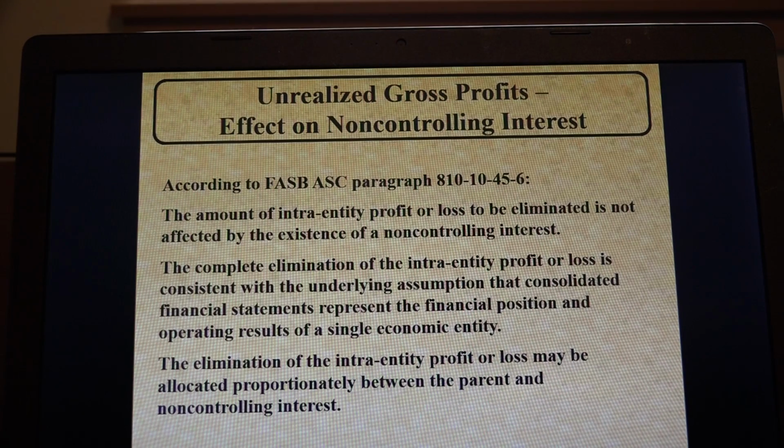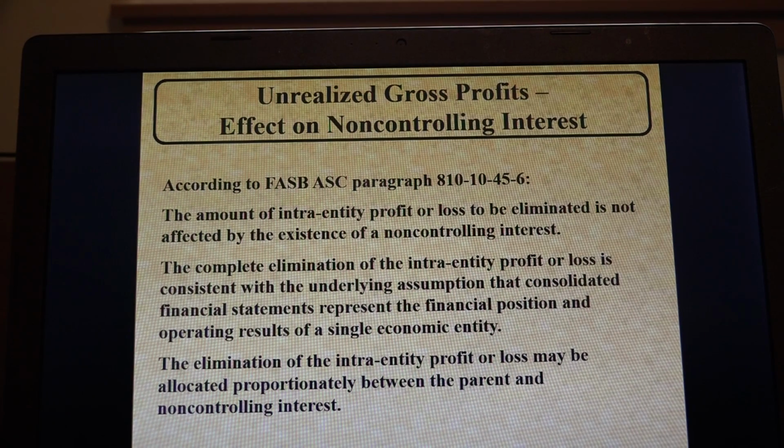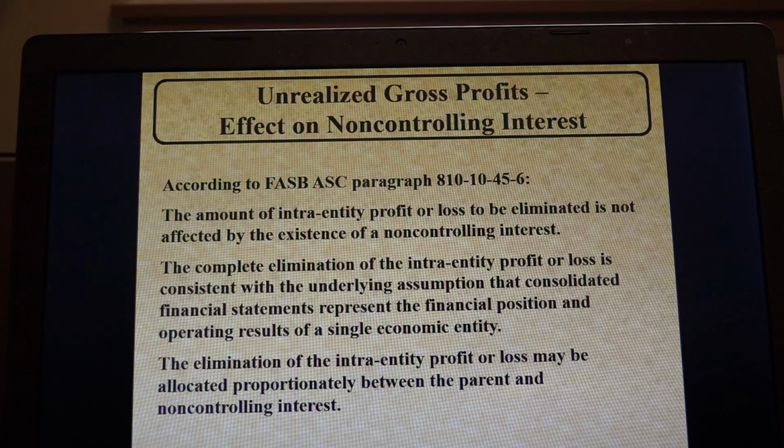And so bottom line is the book says, hey, it's logical to not have this allocation in the face of an intra-entity profit due to a downstream type transaction. It's totally allocated to the parent.